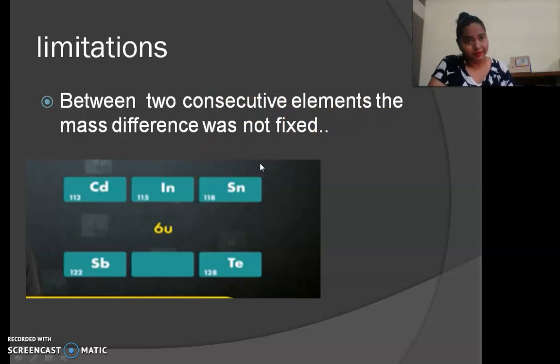For example, if you take cadmium and tin, the difference between cadmium and tin is 6 units, and in between, the element that is placed is indium. Similarly, when you consider antimony and tellurium, their difference is also 6 units, but there is no element placed in between the two elements.